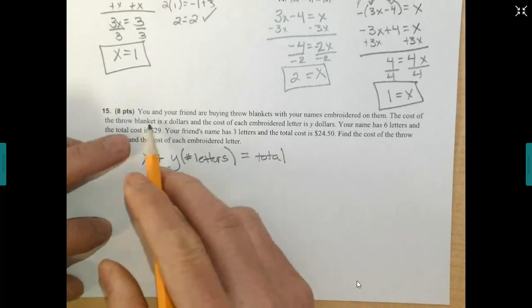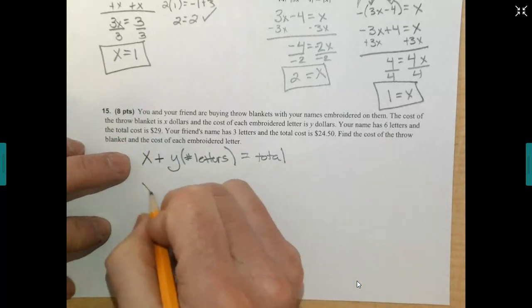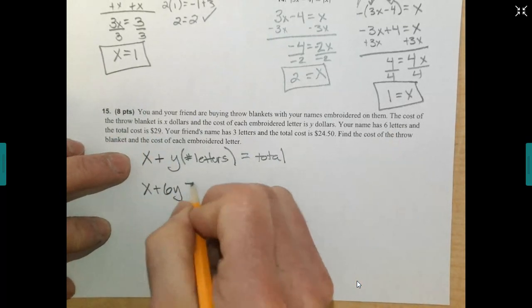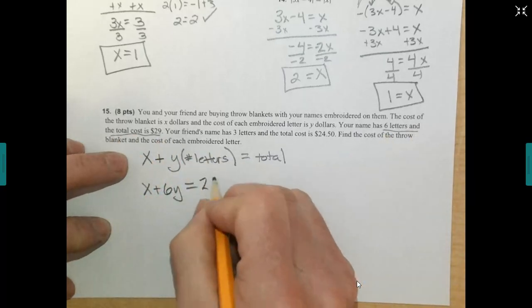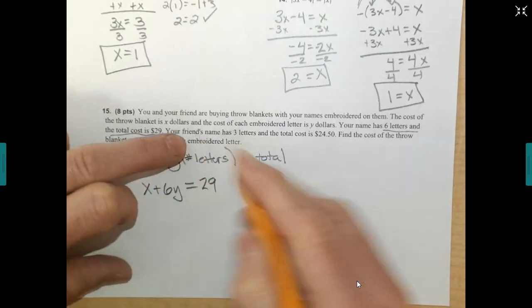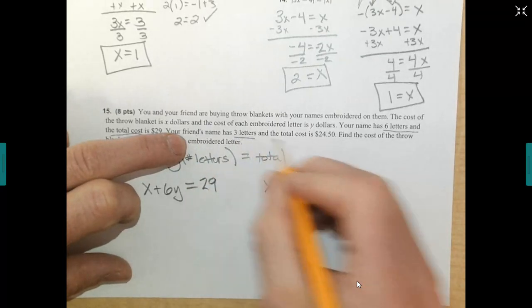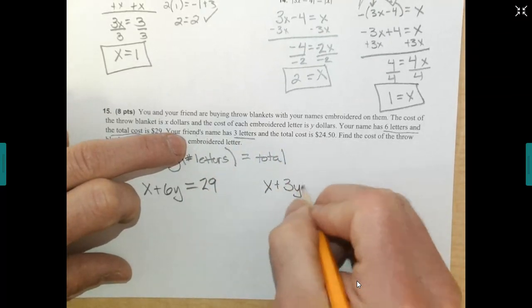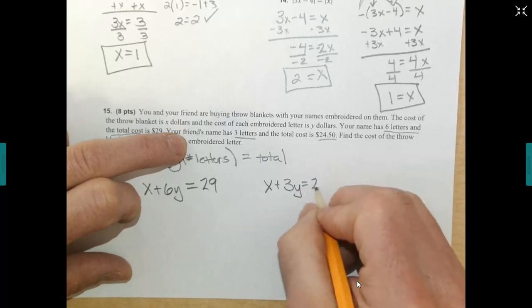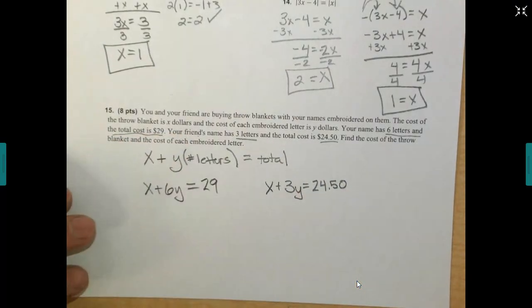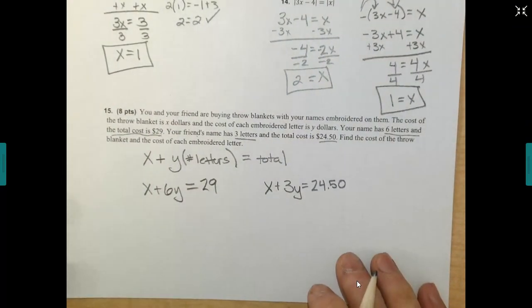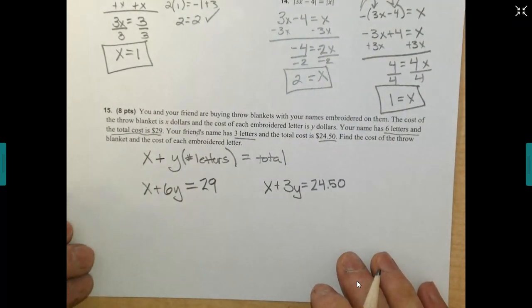Okay, so let's check out the first one, 6 letters. So x plus 6y equals 6 letters, $29. And your friend's has 3 letters, and it's $24.50. All right. So, what are we going to do here?